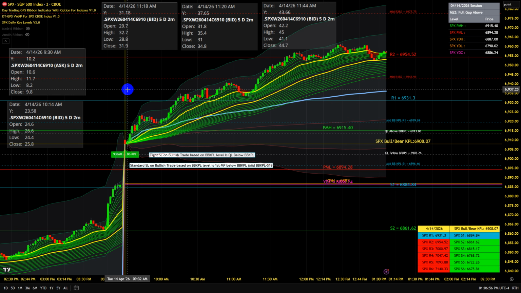You're trying to not add too much of a profit buffer at the beginning because you don't really know in any given session how far up this is going to turn out to be. A day where it goes up 3 or 4 levels instead of the typical 80% of the sessions where it's going to be a 2-level move extension from the BBKPL.